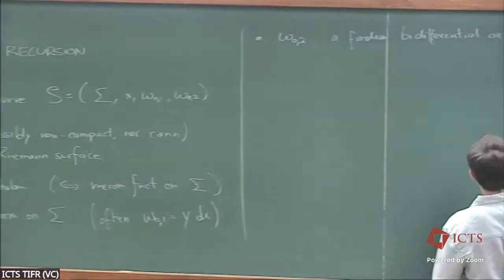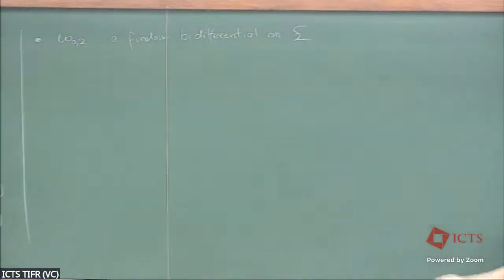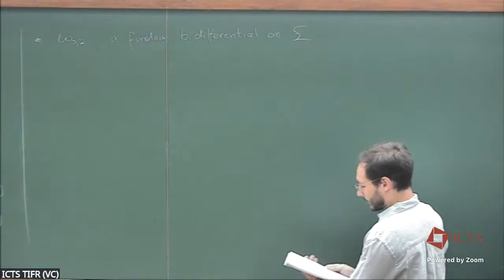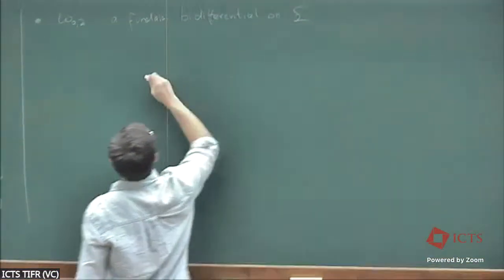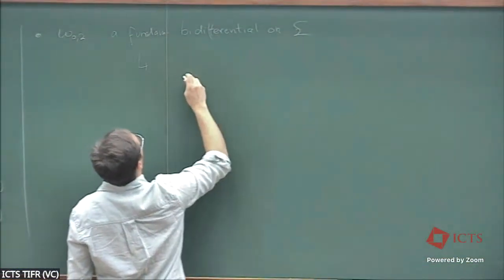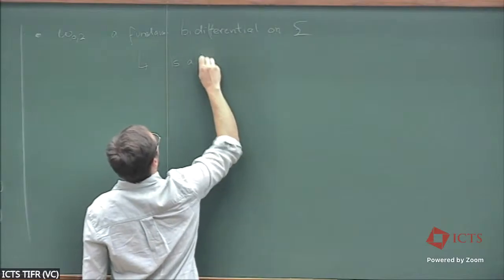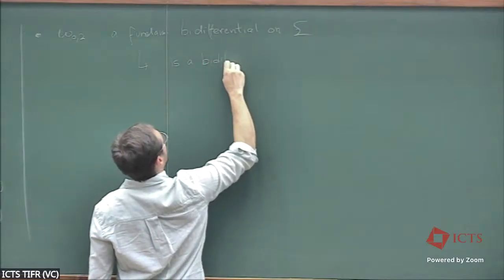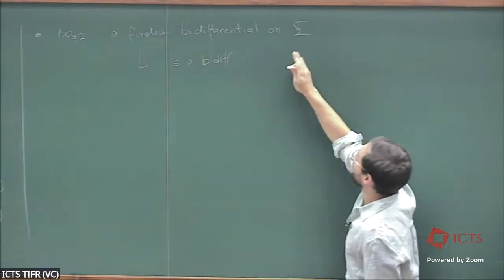This is a very special object in the theory of Riemann surfaces that maybe not so many people are familiar with. So what this means is that omega 0,2 is a bidifferential.